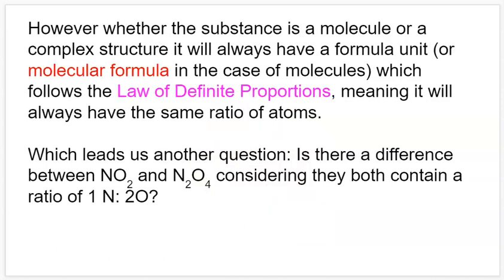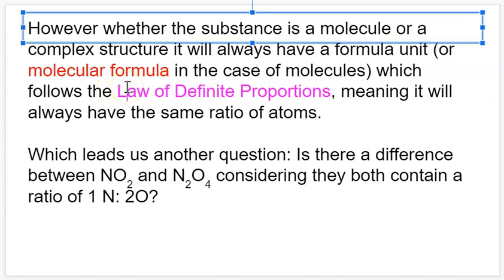All right. So whether we're looking at a substance that's a molecule or a substance that has a complex structure, there'll always be some sort of formula unit. Though if we're talking about molecules, we're going to call it a molecular formula. So a formula unit is the terminology we apply to the complex structure, in terms of the chemical formula that we give the smallest repeating part, or the molecular formula, which is the actual formula of the molecule.